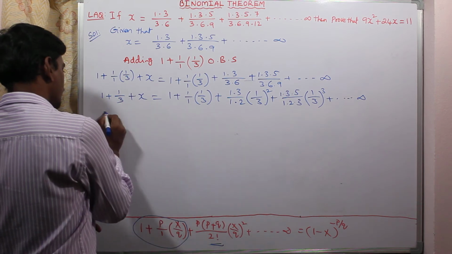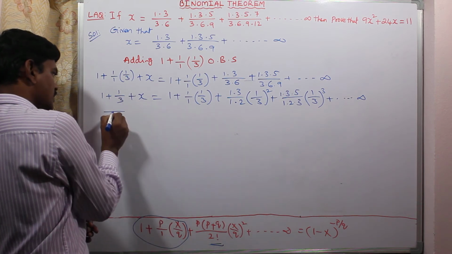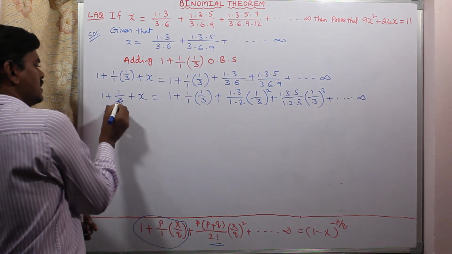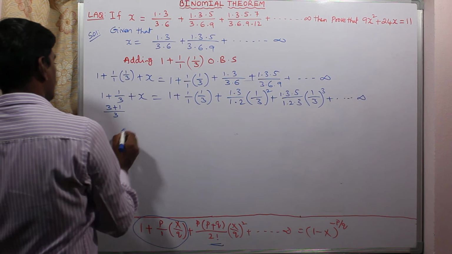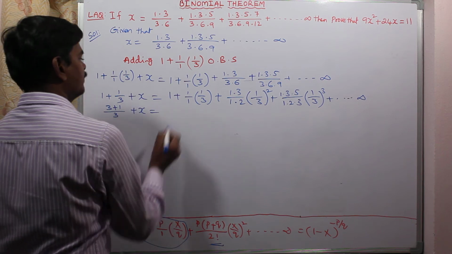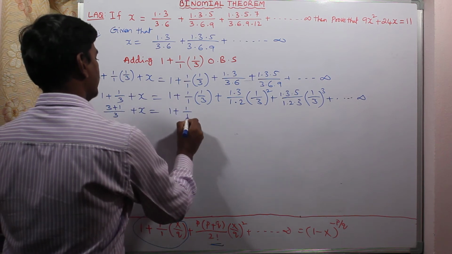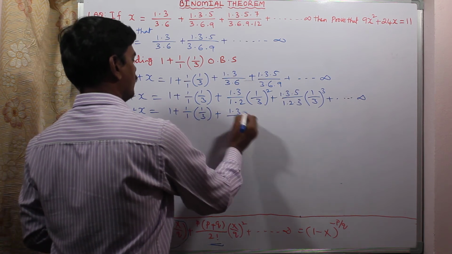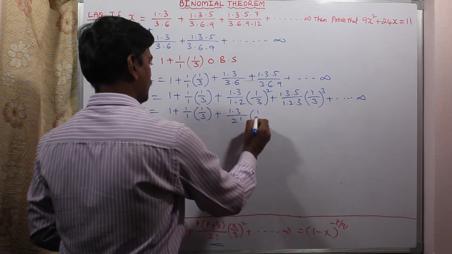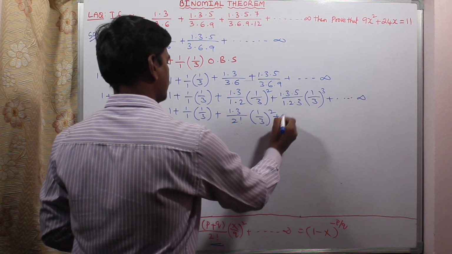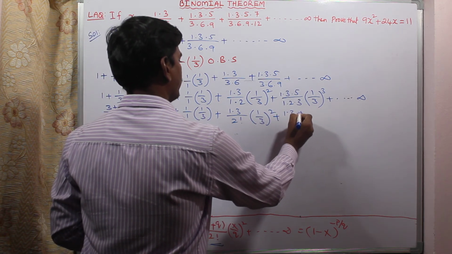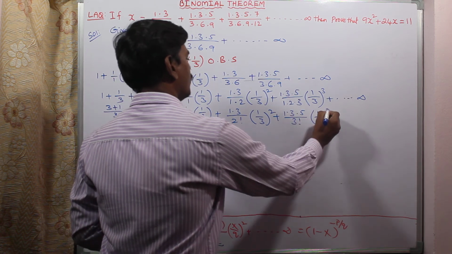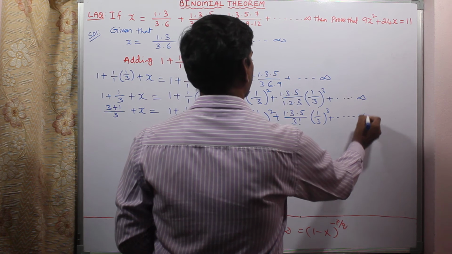Now 1 plus 1 by 3, we can simplify this part. 3 is the LCM, so (3 plus 1) by 3, just like cross multiplying. Plus x equals 1 plus 1 by 1 into 1 by 3 plus 1 into 3 by 1 into 2, which can be written as 2 factorial, into 1 by 3 whole square plus 1 into 3 into 5 by 3 factorial into 1 by 3 whole cube plus so on up to infinite.